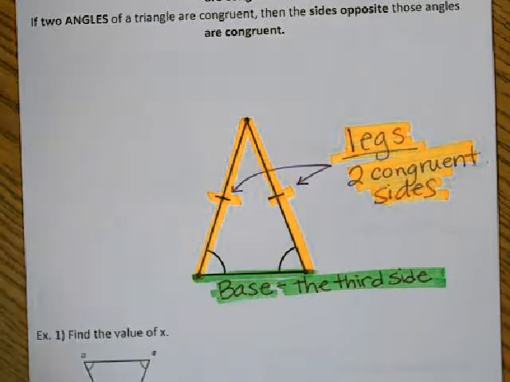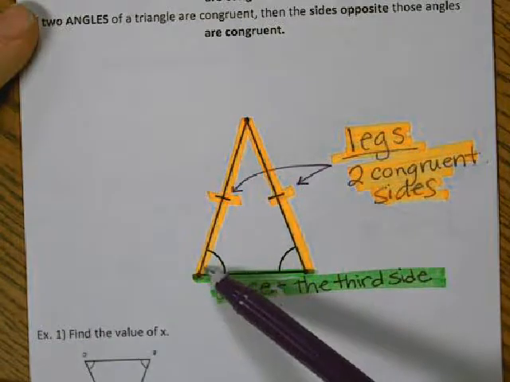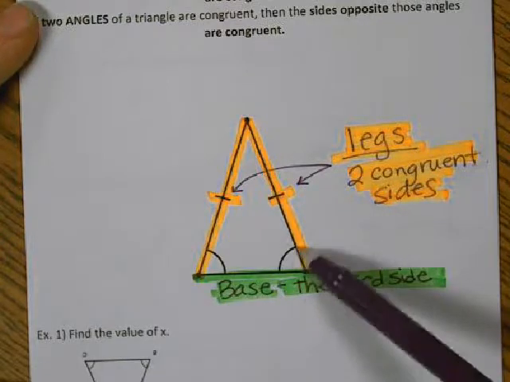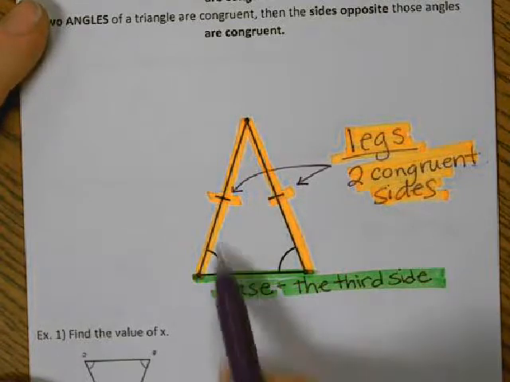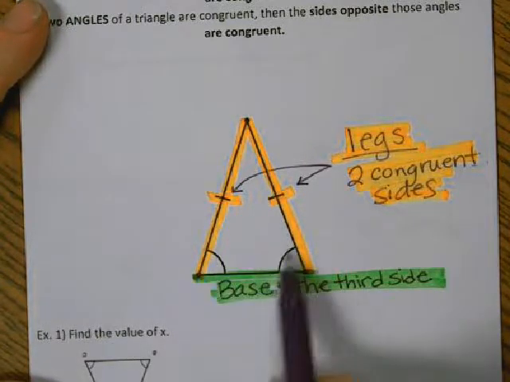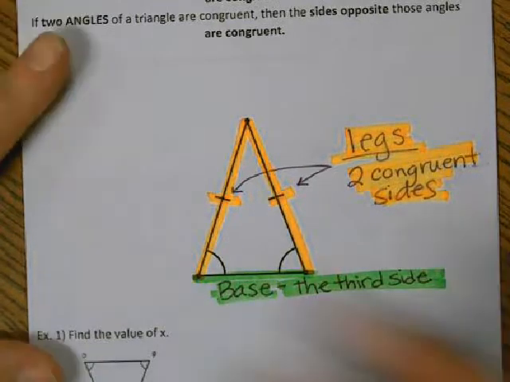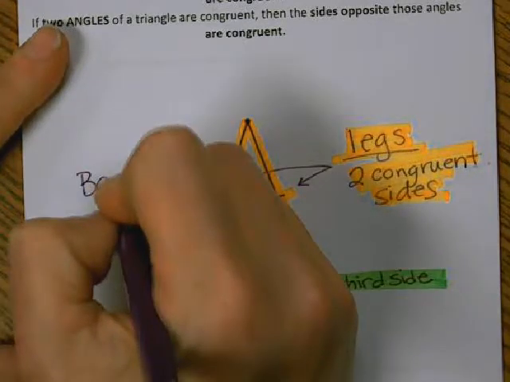Now, moving on, we've got what are called base angles. The base angles are the two angles that are attached to the legs and to the base. So this is a base angle because it's touching the legs and the base.